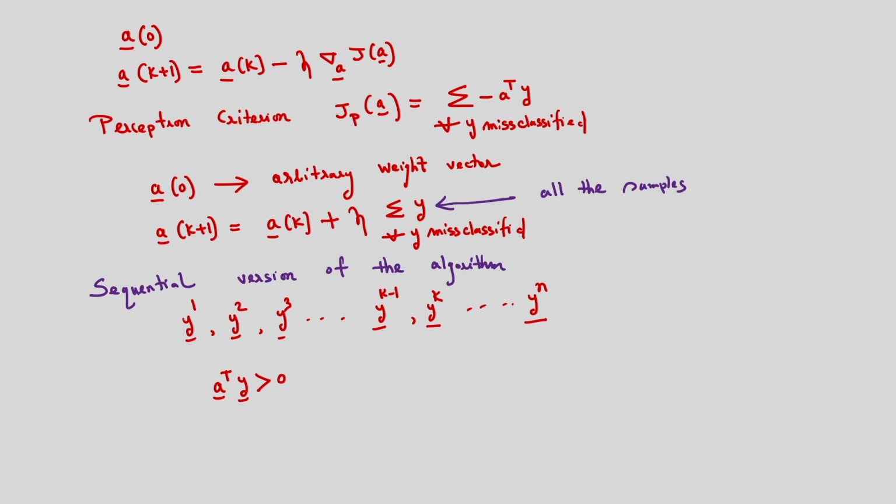Like this we go on, suppose up to yk minus 1, and this condition is satisfied. That means no need to modify the weight vector, because all the samples are correctly classified. So this is up to the sample yk minus 1.